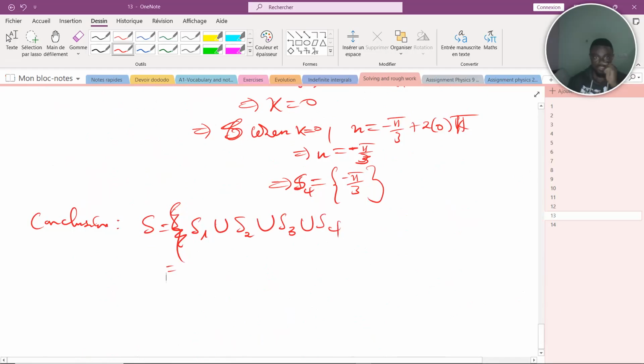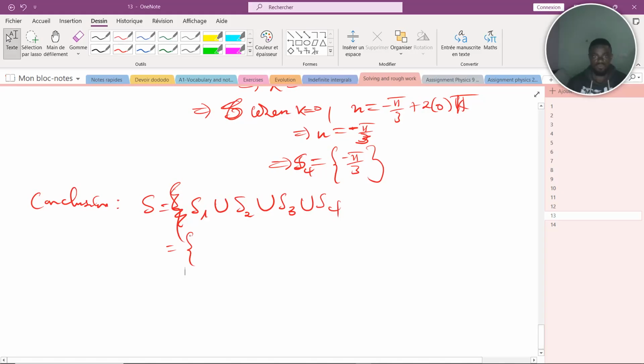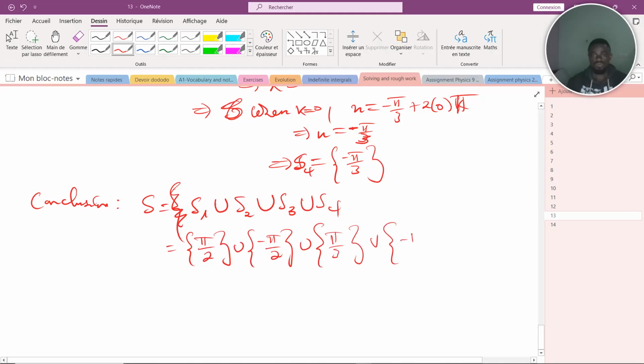So this will be equals to pi on 2 union minus pi on 2 union pi on 3 union minus pi on 3.